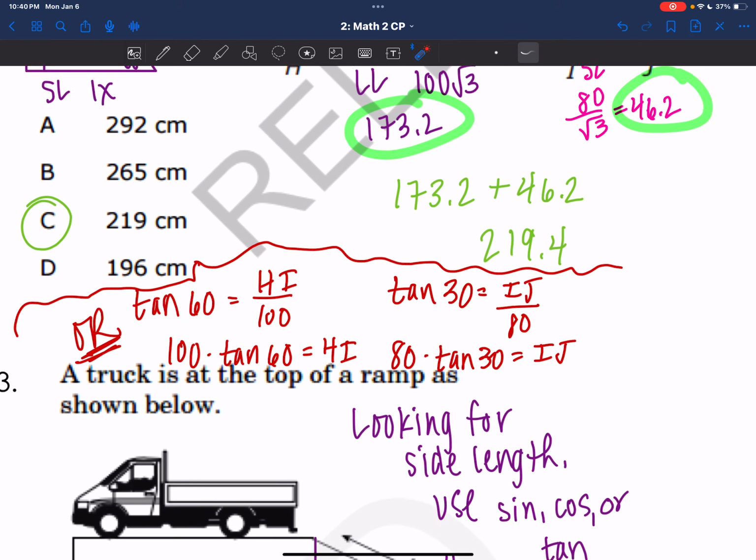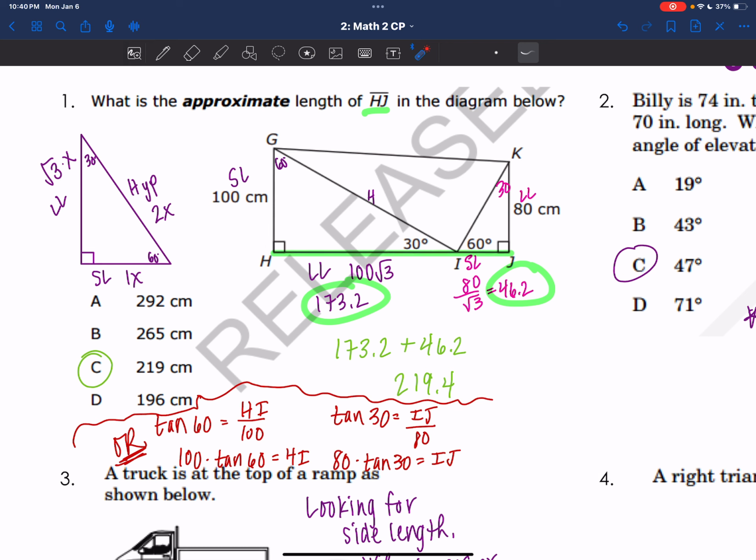The other way to do it, in this case, since it's not asking for simplest radical form, it's just asking for approximate, you can use this way. Just make sure your calculator is in degrees. So you can do tangent of 60, and tangent for TOA is opposite over adjacent.